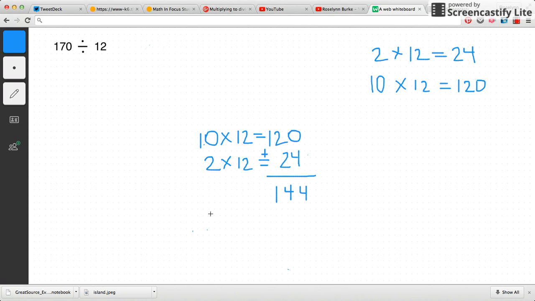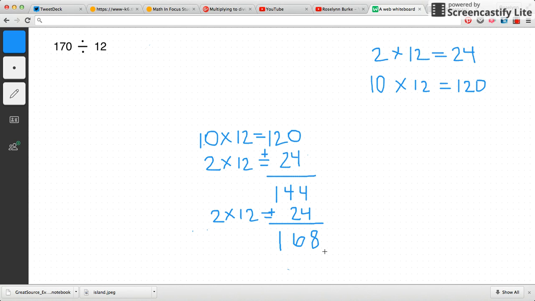I'm going to add another 2 more groups of 12. So 2 groups of 12 is 24. I'll add that to the other groups of 12 that I already have, which now gives me 168.